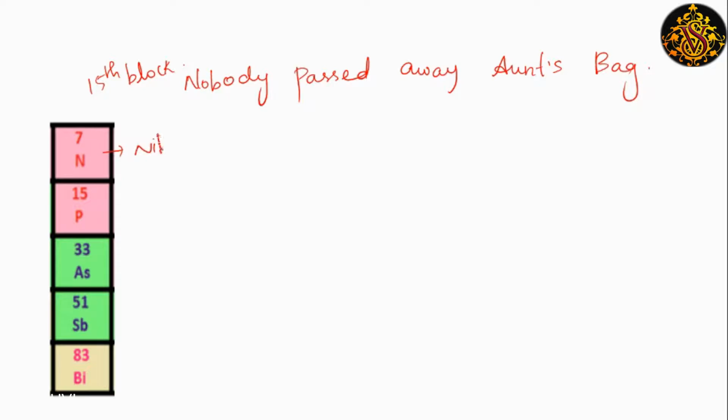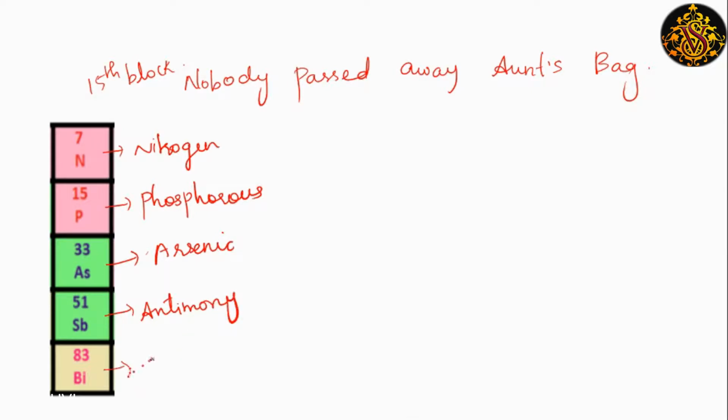N is nitrogen, P phosphorus, As arsenic, Sb antimony and Bi bismuth. So remember this phrase: nobody, nitrogen; passed, P for phosphorus; away, A, arsenic; ants, antimony; and bag, B, bismuth. Just remember the sentence, you can easily remember the elements.